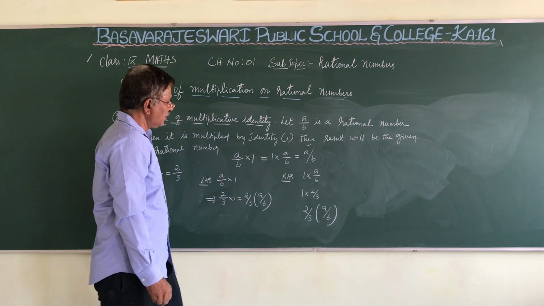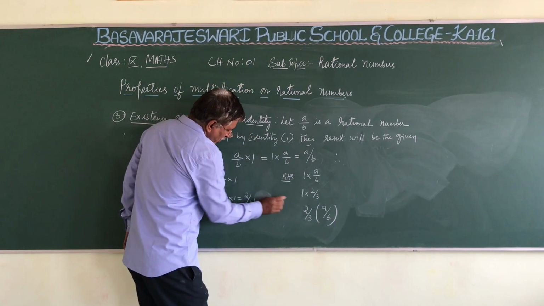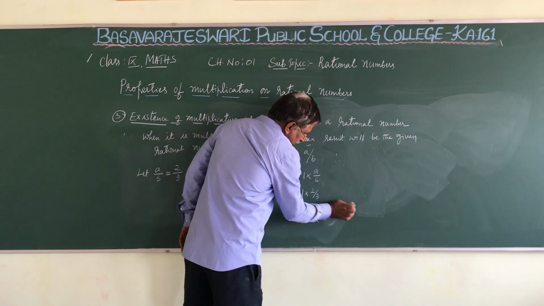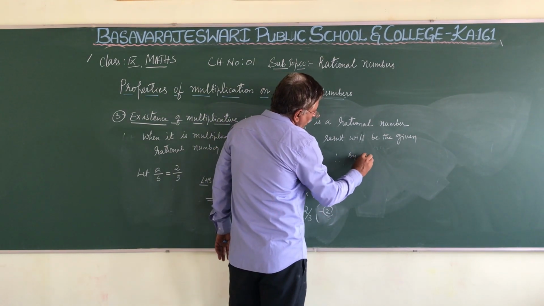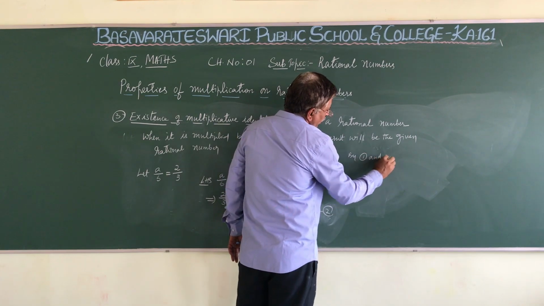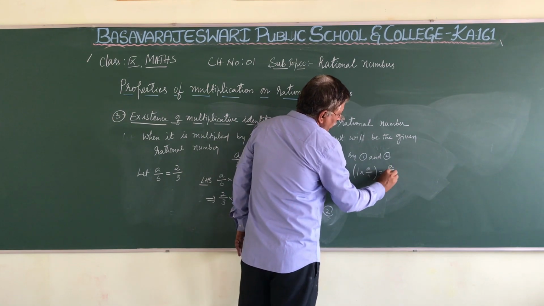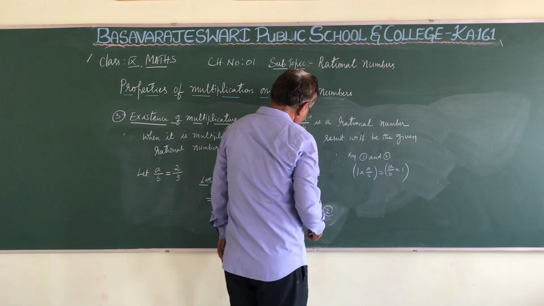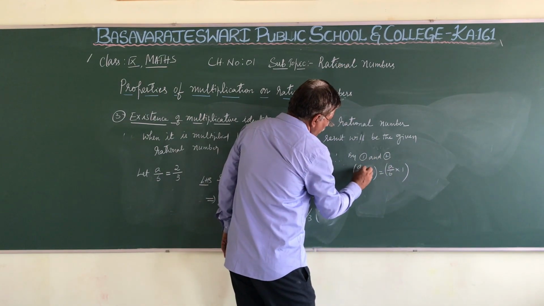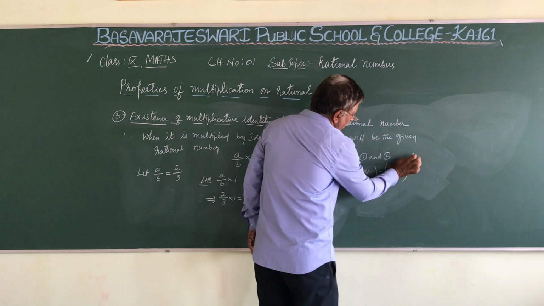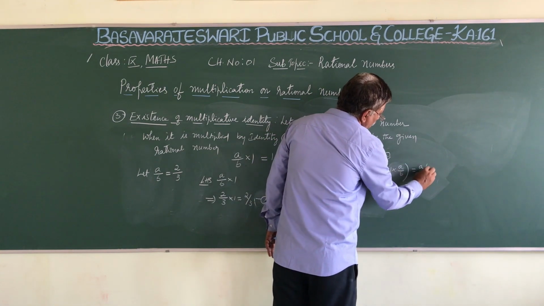We can write, therefore, if I write this one as 1 and this one as 2, therefore by 1 and 2, 1 into A by B is equal to A by B into 1. A by B into 1 and 1 into A by B is equal to A by B only.